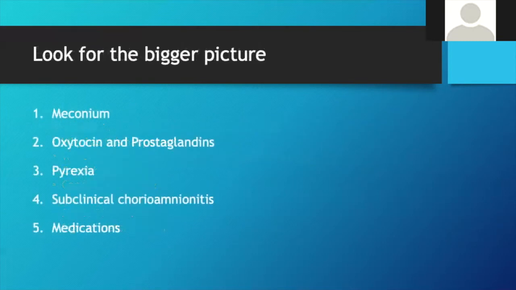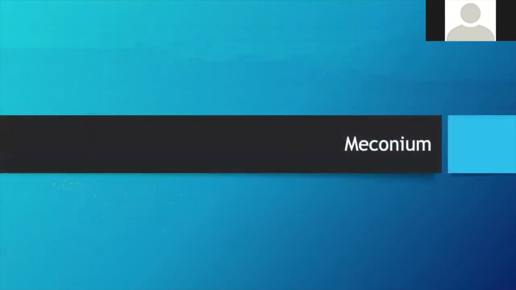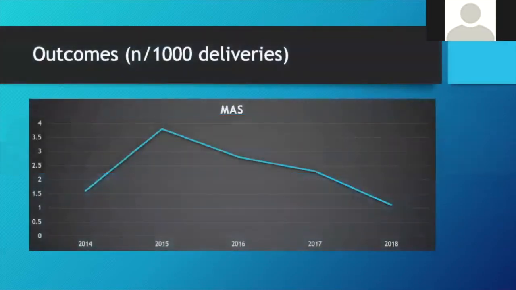We said we're going to start off with meconium, and the reason I'm starting with meconium is because this is a very special circumstance in my own journey. When we started doing physiology in Lewisham, back in 2014, we saw an improvement in everything except for meconium aspiration. That rate actually doubled.